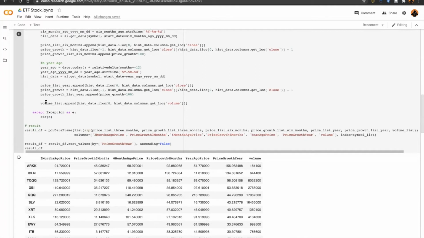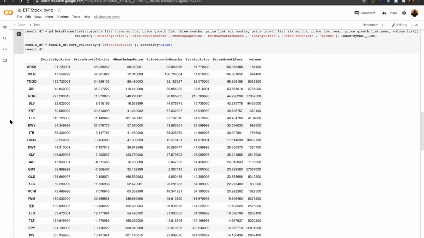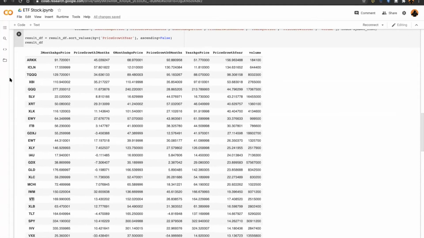After I check this, of course I can see the list. So this is a list of each ETF, and today I will talk about each ETF here. Basically these are all popular because I just grabbed them by volume.